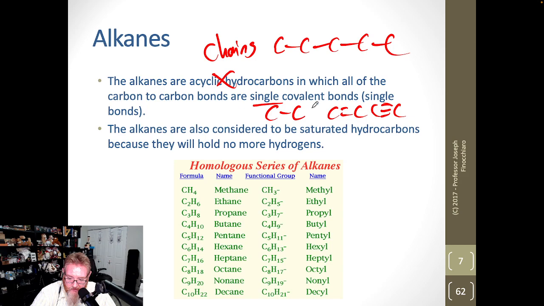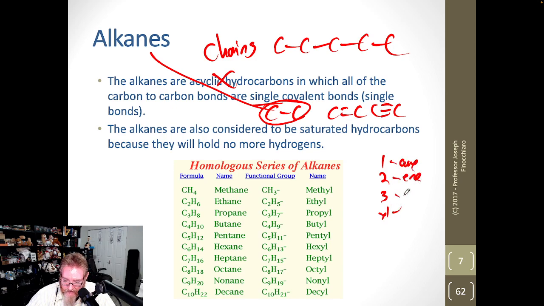But in single bonds, that's what you're looking at. That's what ANE means. Single bond. Which is why YL, ANE, ENE, YNE, sidechain. Alkanes are considered to be saturated because they won't hold anything more.